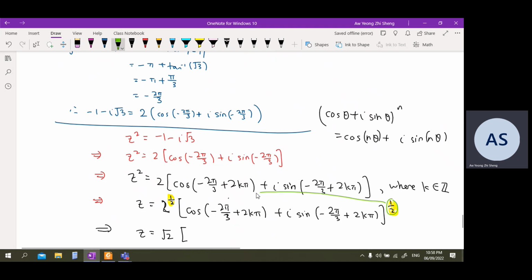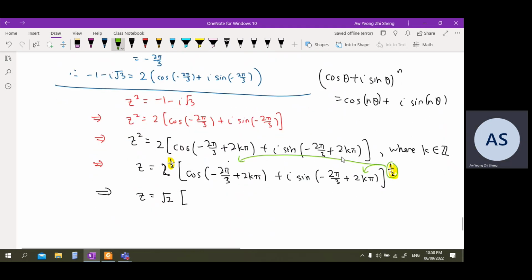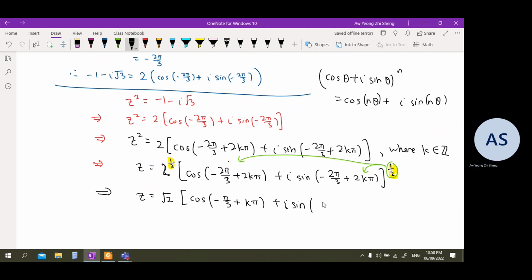Now this power half can be multiplied into the angle by De Moivre's theorem because we have the form cos theta plus i sin theta to the power n. And so when this gets multiplied, you will have minus pi over 3 plus, no, it's not 2 anymore, it's k pi only, plus i sine of minus pi over 3 plus k pi. And close. This is by De Moivre's theorem.